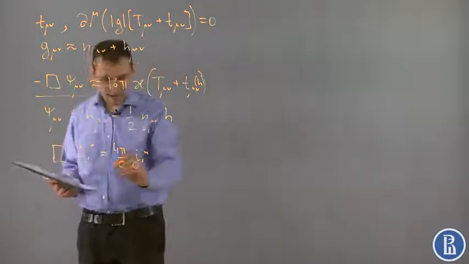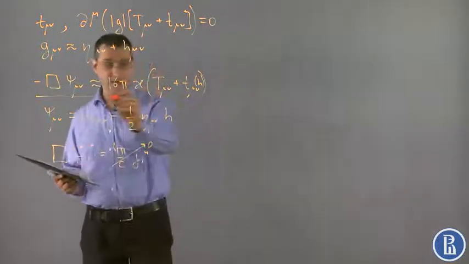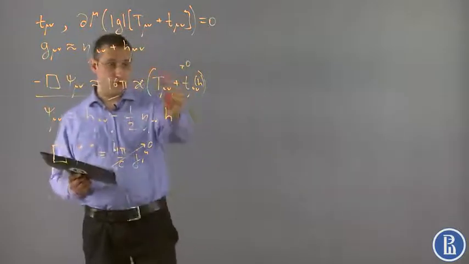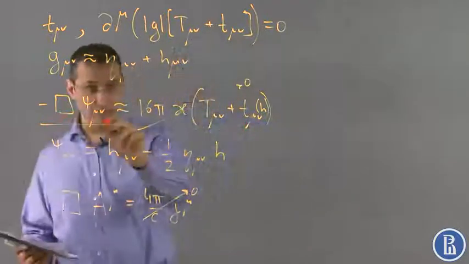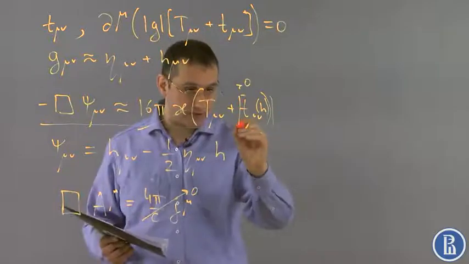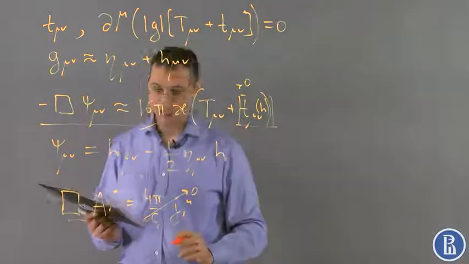Free electromagnetic waves are obtained when the right-hand side is 0, and free gravitational waves are obtained when this part is 0. So no sources for the gravitational waves. We're first going to solve the equation with the right-hand side equal to 0, and then we're going to consider this quantity for the gravitational waves. That's what we're going to do now.